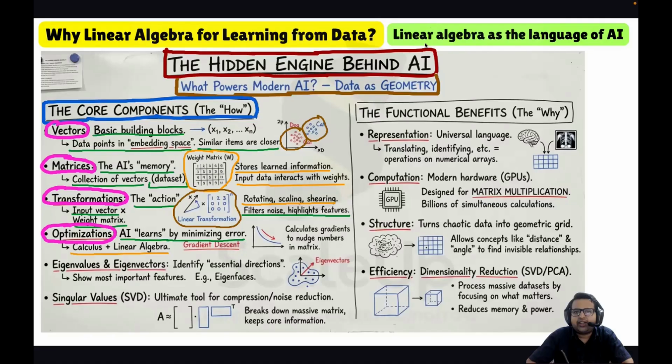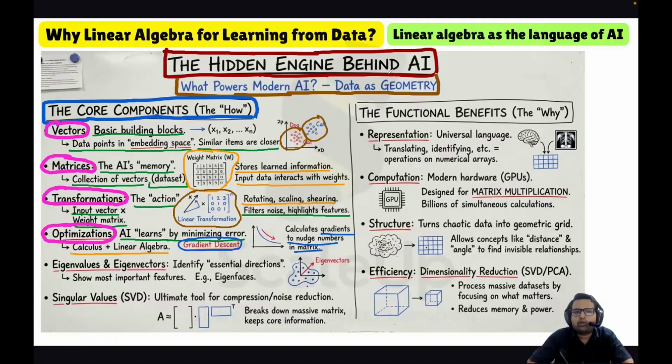That is what gradient descent is, an example of an optimization technique which makes use of both calculus and linear algebra. So linear algebra also plays a role in optimization.